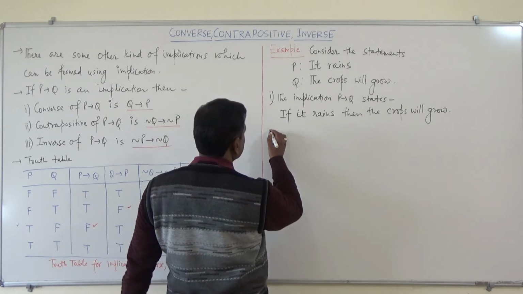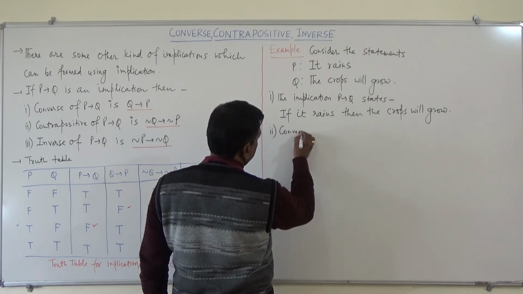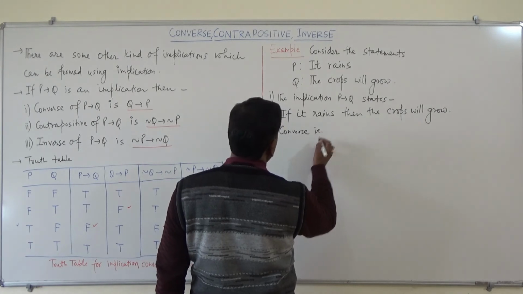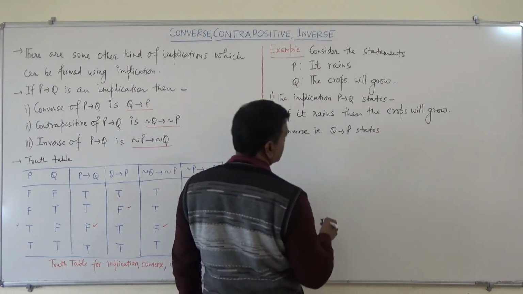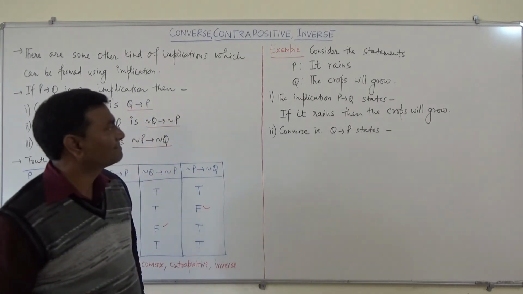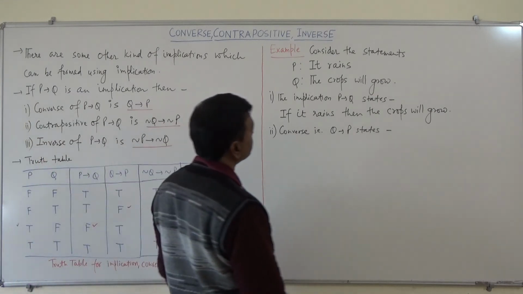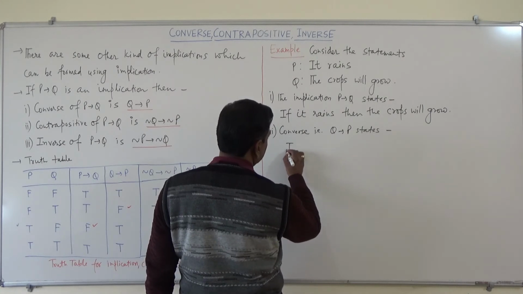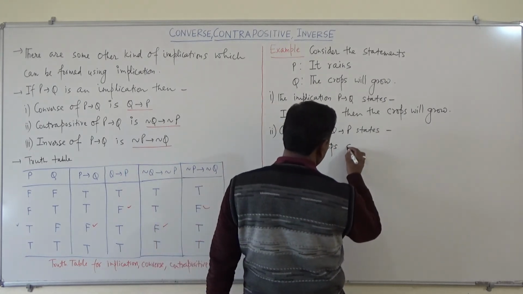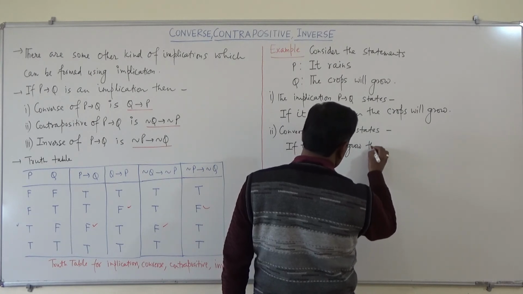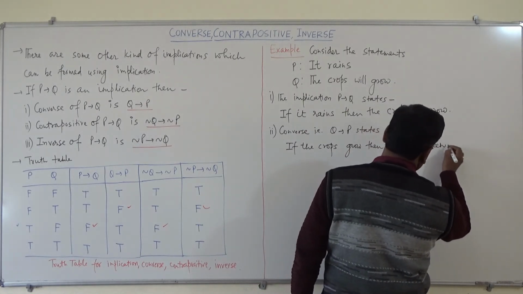And second is its converse. Its converse, that is Q implies P, states: if the crops grow, then there has been rain.